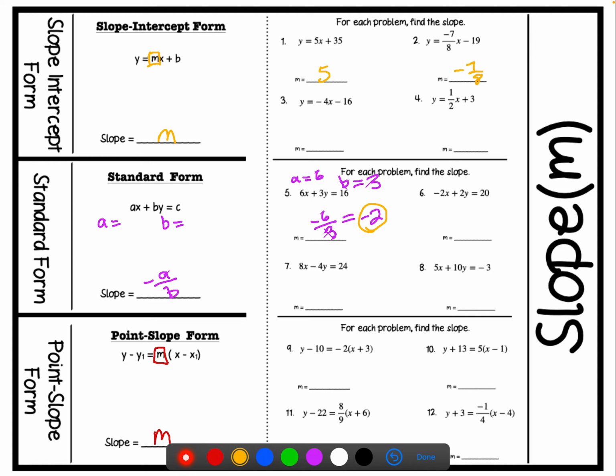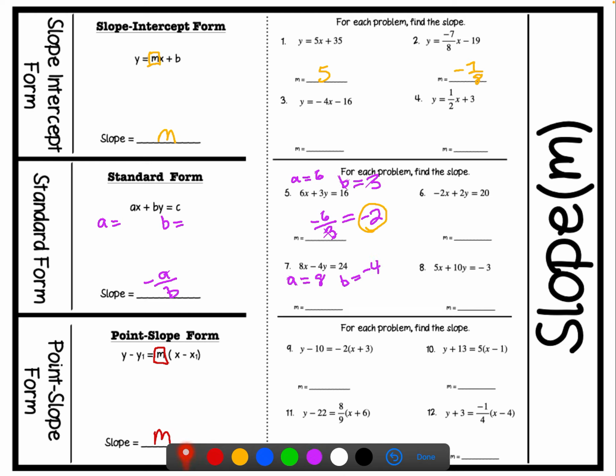Now that one may have been a little challenging, so we're going to complete number 7 here. Remember we're finding the slope, so we need to find our a in this situation, or the number in front of our x, which is 8. And then we need to find our b, so the number in front of our y, which is negative 4.